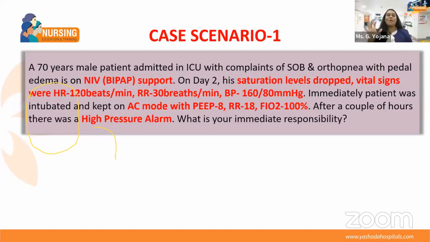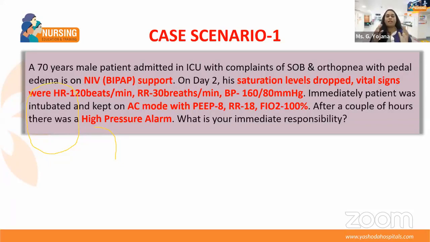You are a nurse looking after a 70-year-old male patient in the ICU. He came with complaints of SOB, orthopnea with pedal edema, and is on NIV support, that is BiPAP. On day 2, the saturation levels dropped.